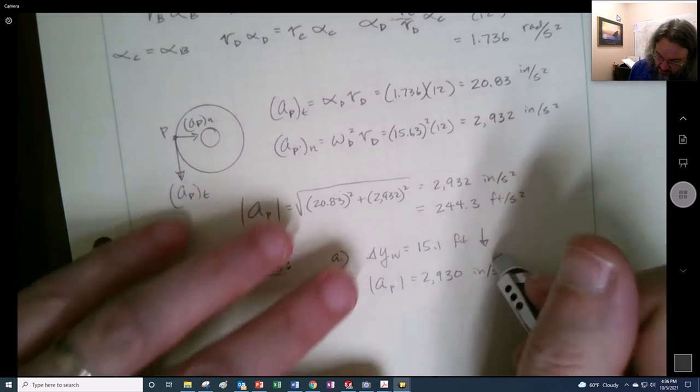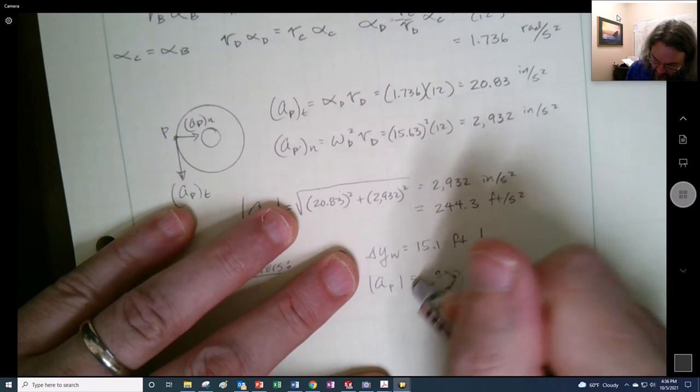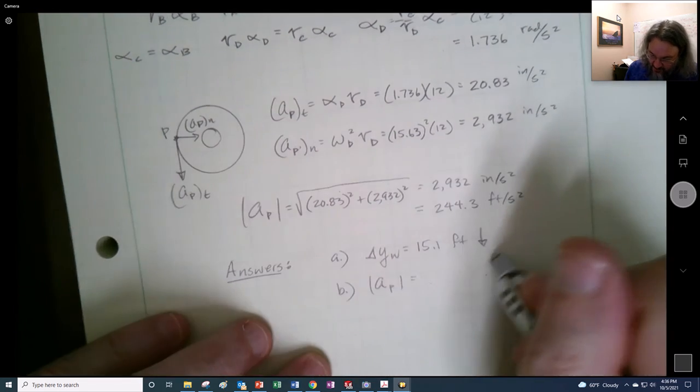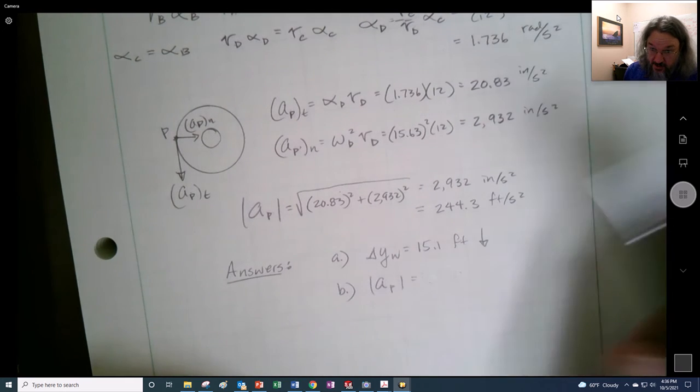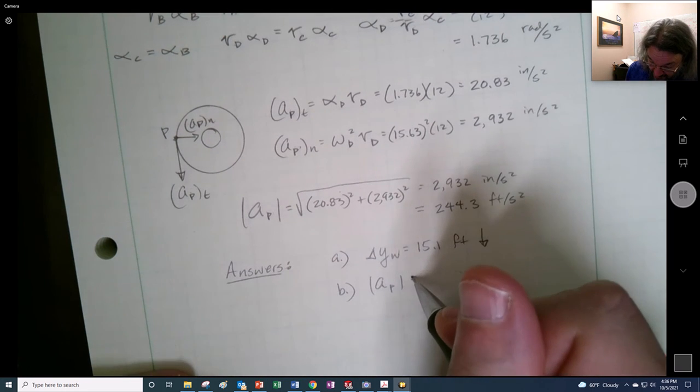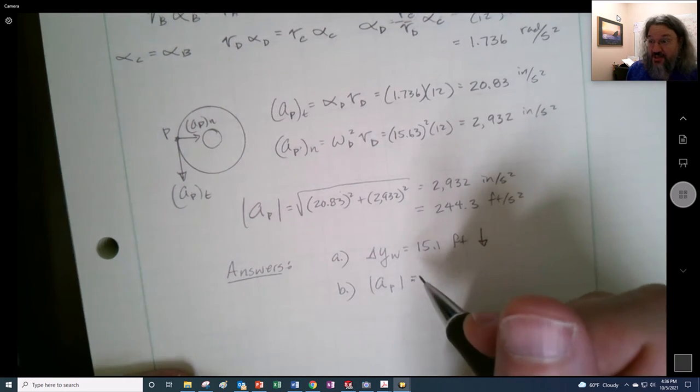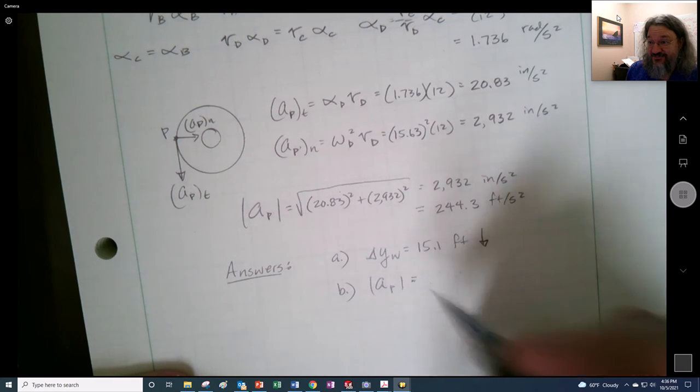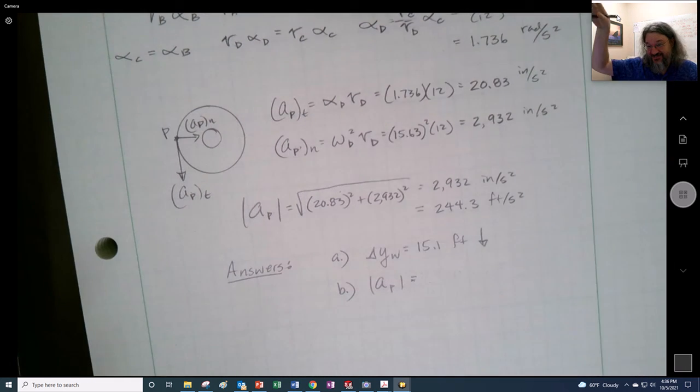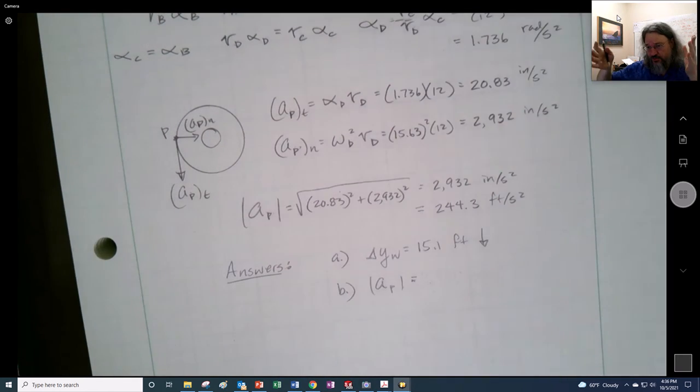And you might notice there's something seriously wrong there. That is way faster than gravity, right? So it's going to be hard to make that bucket drop that fast. The rope is just going to come flying off of the thing because the bucket can only go 32.2 feet per second squared down.